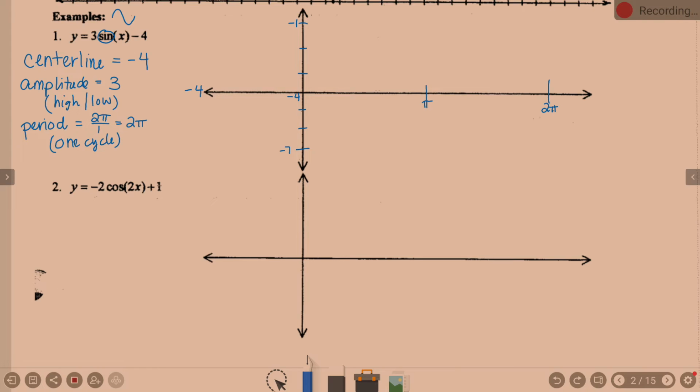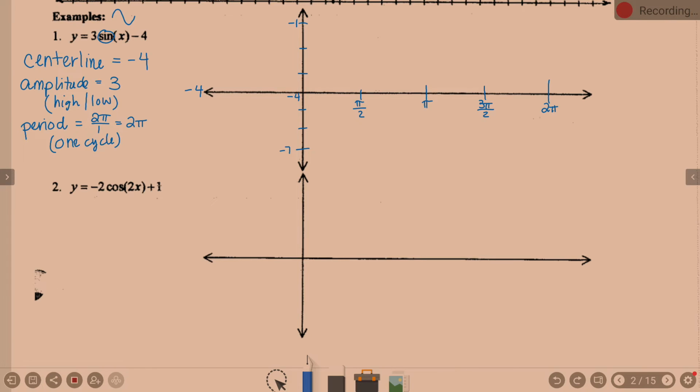And then I said I like to do fourths, right? So what's in the middle of 0 and pi? 1/2 pi, which is pi over 2. And what's in the middle of 1 pi and 2 pi? 3 pi over 2. It's 1.5 pi if you want to think that way, but we all know 1.5 is 3 halves, so 3 pi over 2.